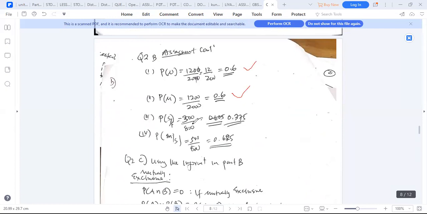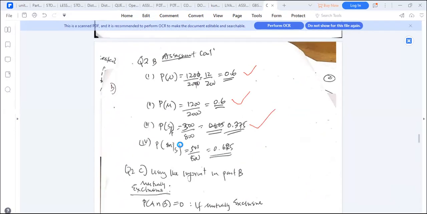Shop given female is 300 over 800, which is 0.35. Here they're asking for male given they shopped, which is 0.625. So this is what you're supposed to do.